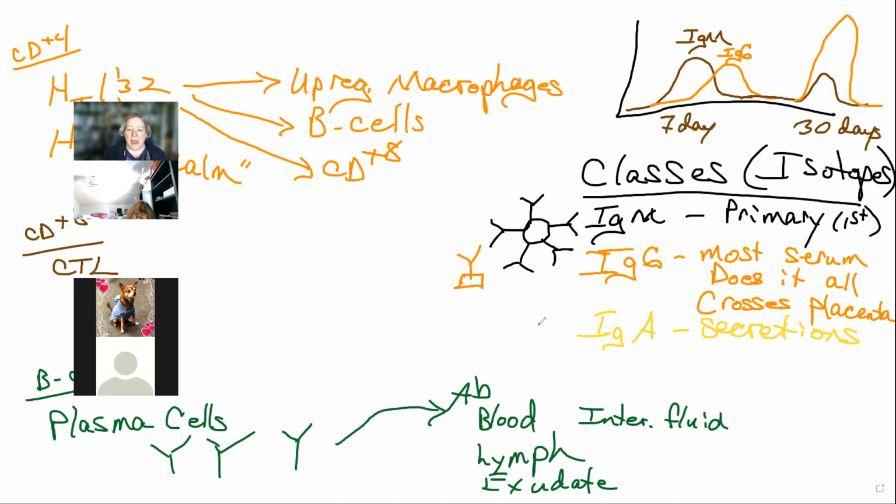Once again, we can find this in the monomeric form, but what I want you to remember for this class is that it is a dimer when it's going through the digestive tract. This helps stabilize it against stomach acid. So we find IgA in breast milk.